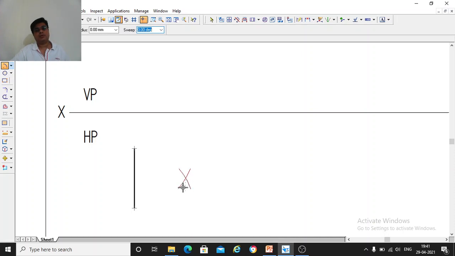So two arcs you draw from these two centers, and they will intersect here. Now connect this end to this intersection, and again one more edge here, that will complete the equilateral triangle.